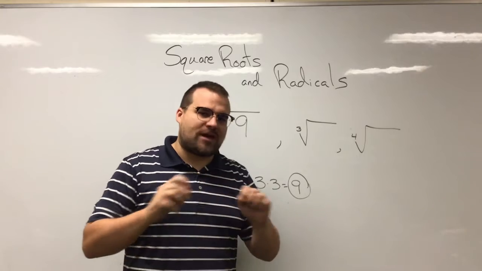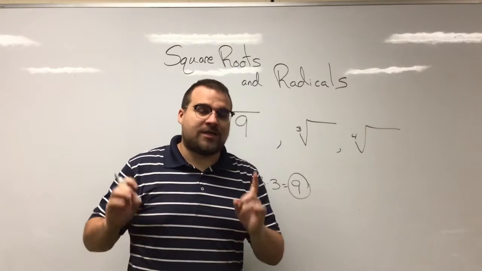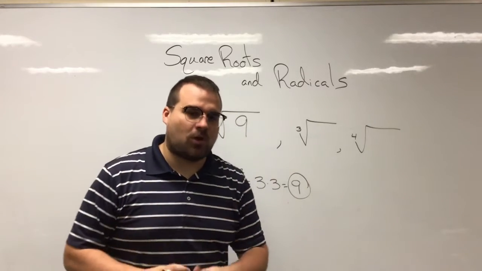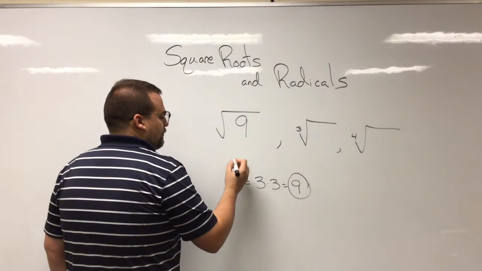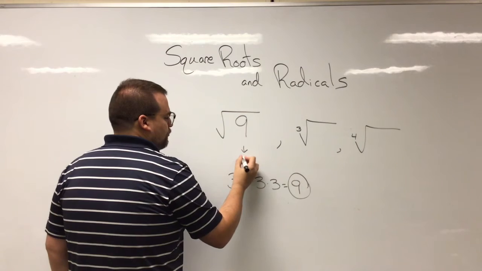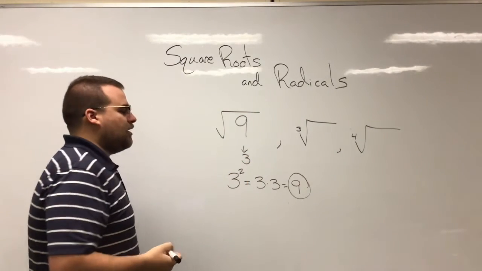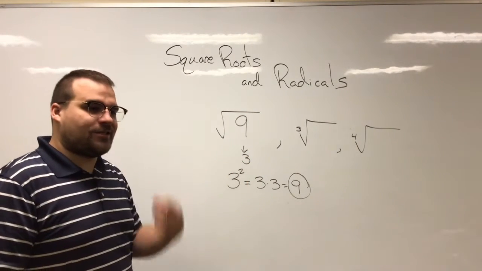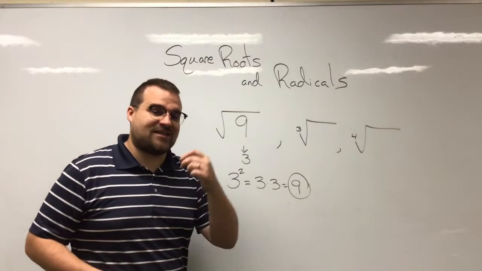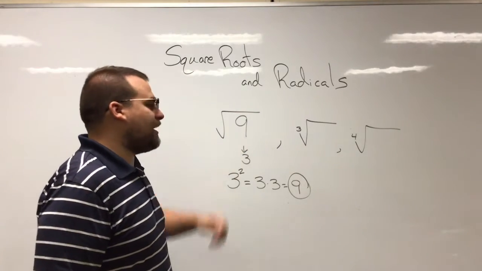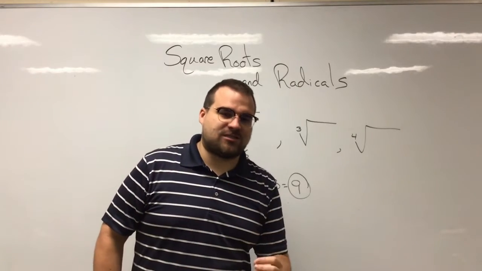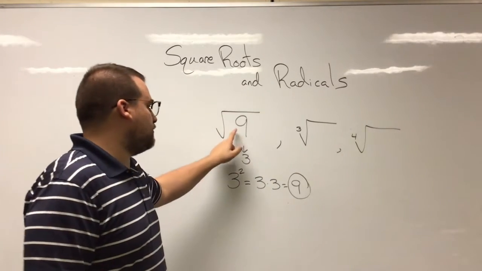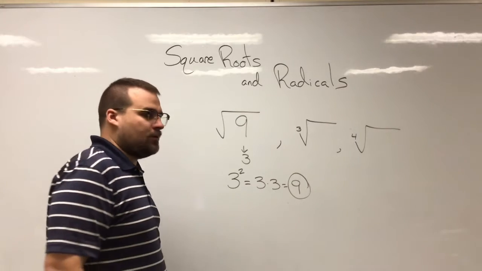It tries to break apart that number in 2 identical parts, meaning the square root of 9 would be equal to 3, because 3 is the number that when multiplied by itself makes 9. That's what the square root asks: what number times itself makes the number under it?